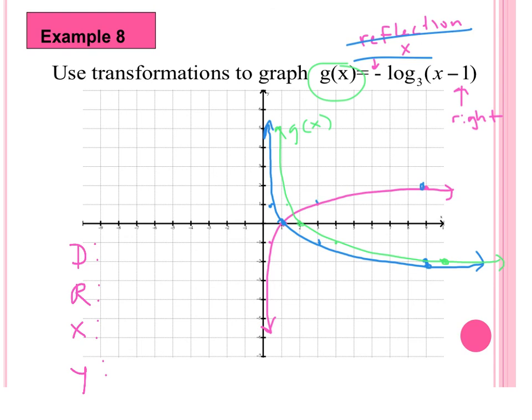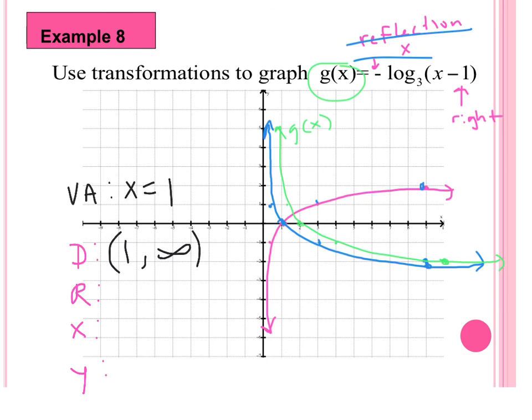So our graph shifted to the right, so our asymptote went from x is equal to 0 to now x is equal to 1. So our vertical asymptote, we just said, was x is equal to 1. So our domain starts at 1, it never touches 1, so we put a parentheses, and it goes to infinity. So we're going forever in the positive direction to the right, so our domain goes to infinity.